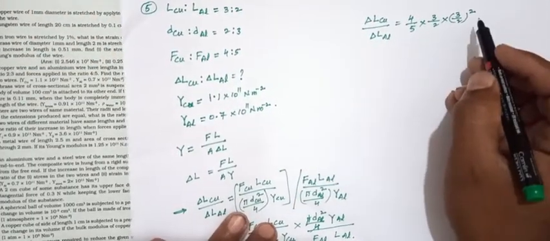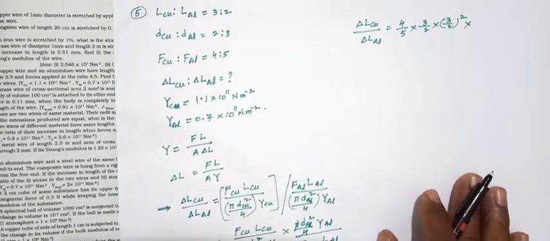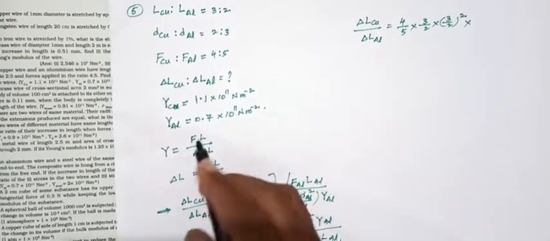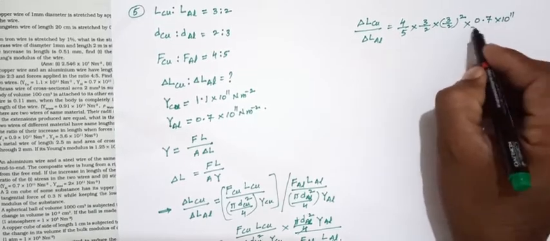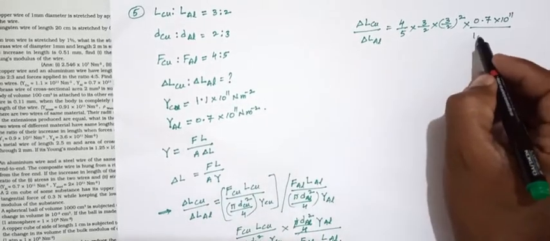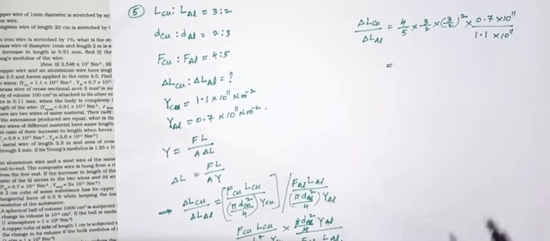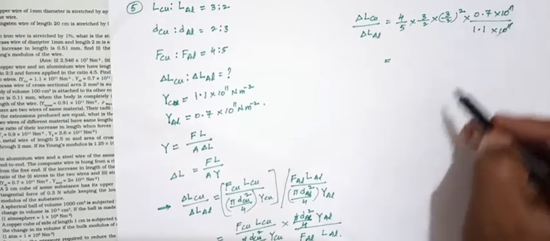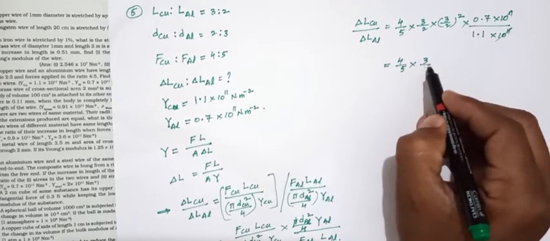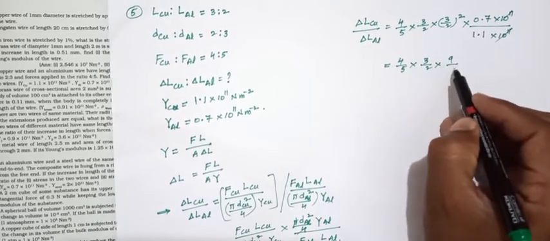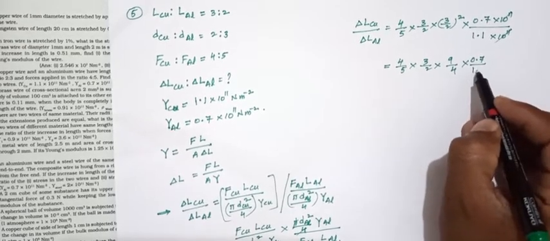So we can take Y aluminium by Y copper equals 0.7 into 10 to the power of 11 divided by 1.1 into 10 to the power of 11. The 10 power 11 cancels, giving 4 by 5 into 3 by 2 into 9 by 4 into 0.7 divided by 1.1.